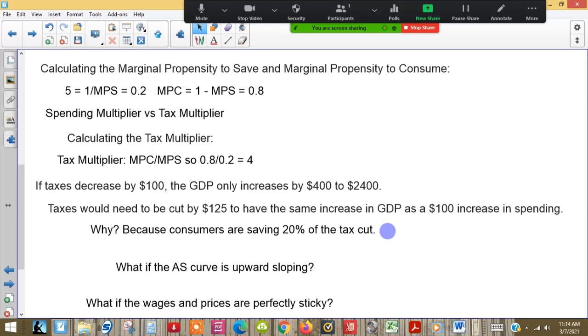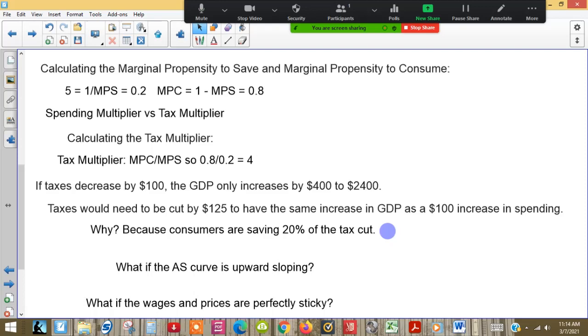So whatever extra disposable income they have as a result of the tax cut, they're going to save 20% of that money.